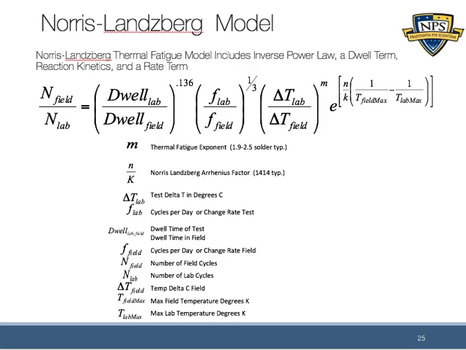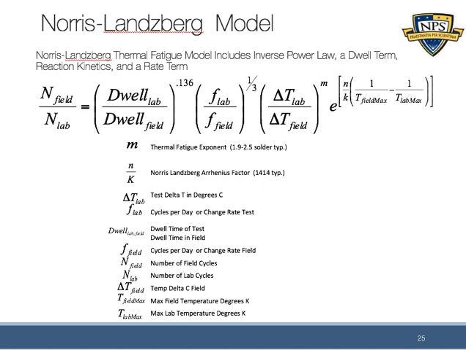Okay, so here's the actual form of the Norris-Landsberg thermal fatigue model, which is kind of a build-up of a couple of different models, as we've already seen. Again, this has essentially everything in it. So each one of these terms represents the acceleration factor, which we've kind of seen on previous slides. So N field over N lab is a way to represent the acceleration factor.